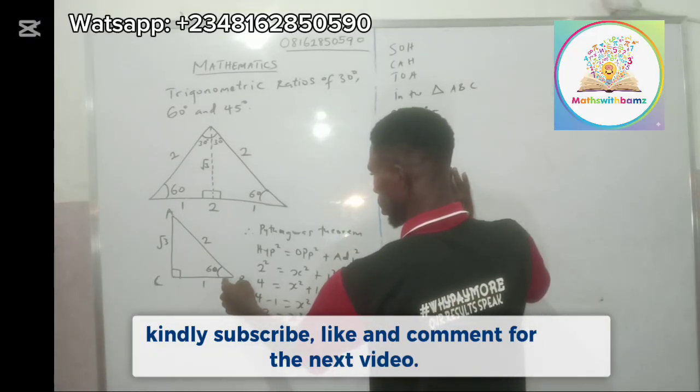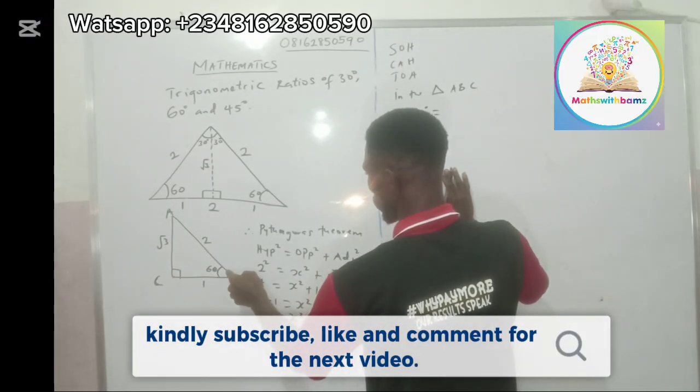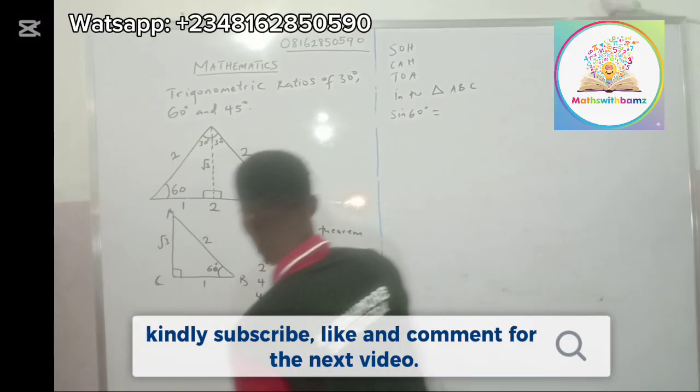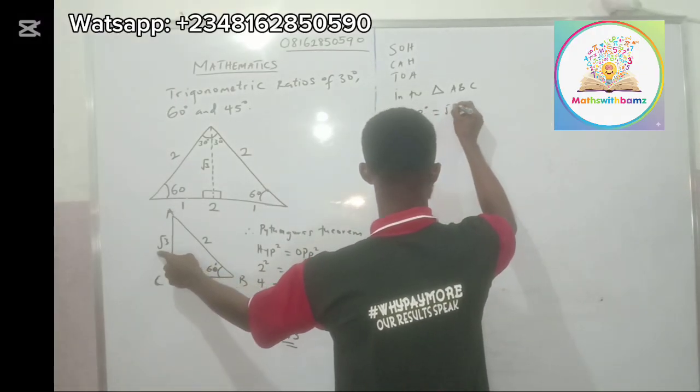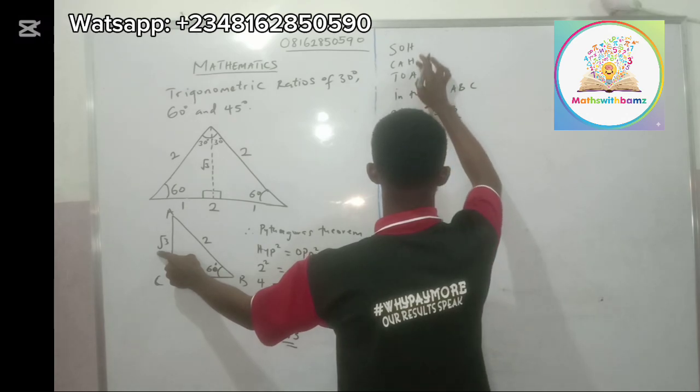Where is our opposite? This is the angle we are talking about, 60 degrees, and the opposite side facing it is root 3, over the hypotenuse.